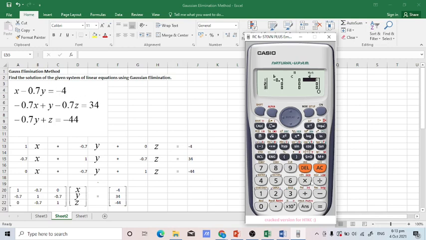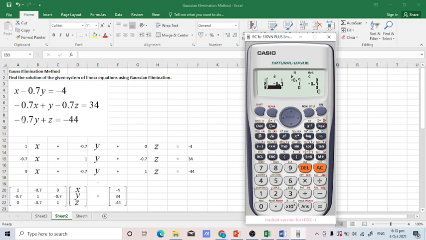Then, negative 4. Then, we have negative 0.7. Then, 1Y. Negative 0.7Z. Okay. Then, 34.